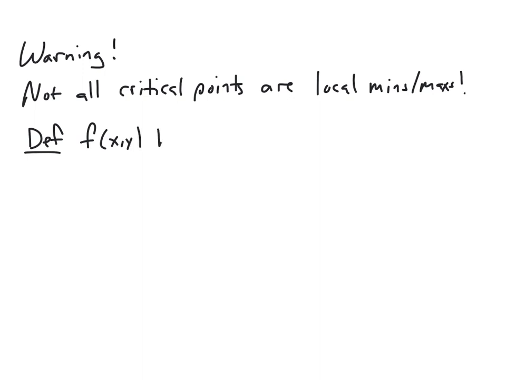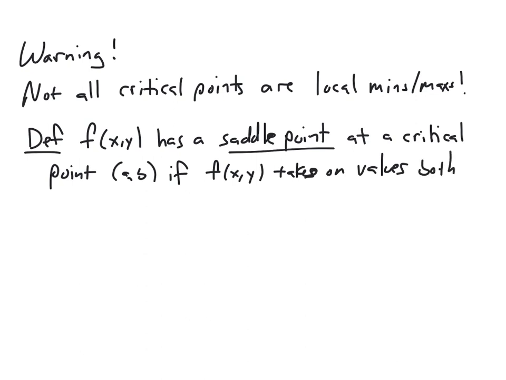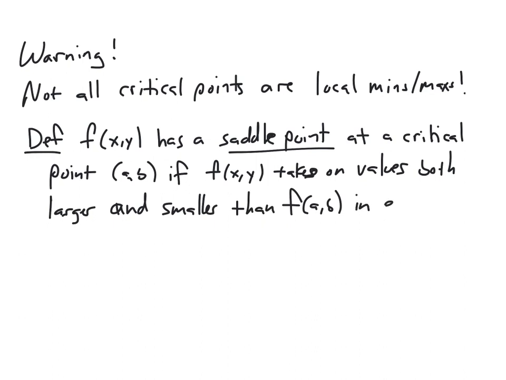So we're going to say that f of x, y has a saddle point at a critical point (a, b) if our function f takes on values both larger and smaller than f of (a, b) in every region containing (a, b).